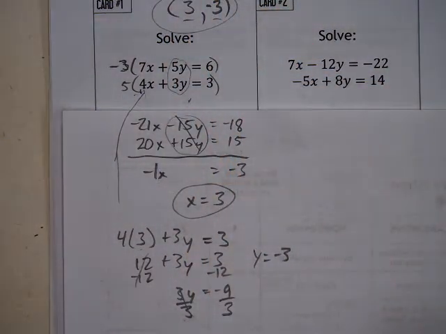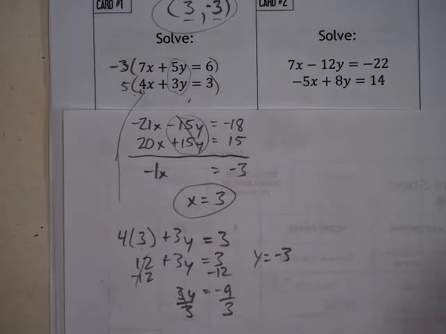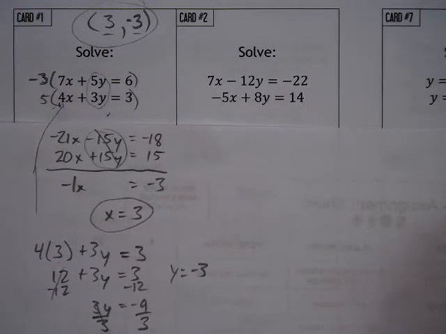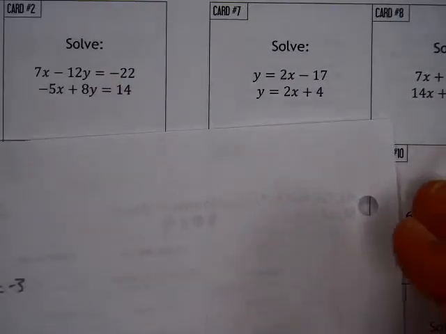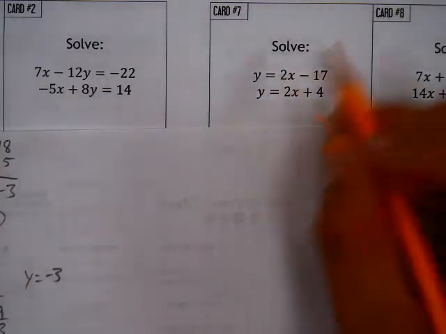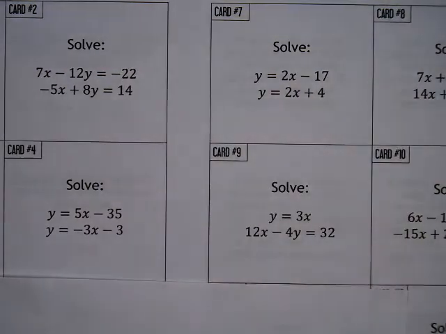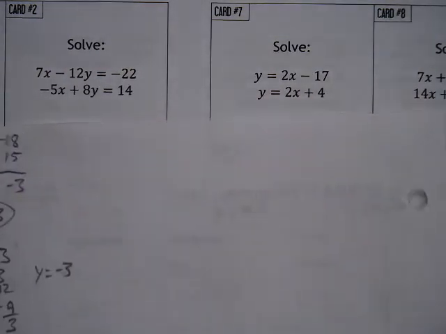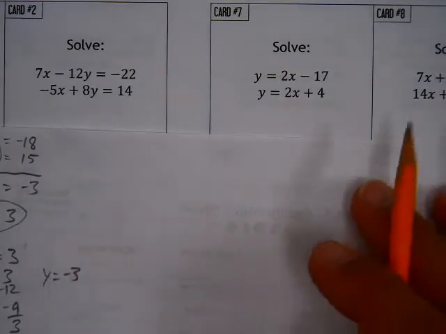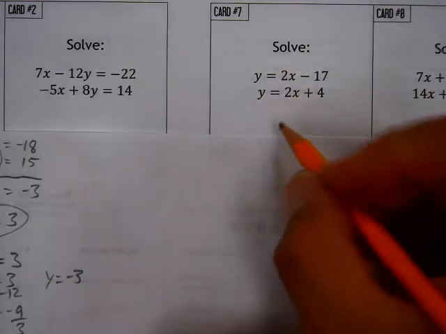Anytime you're told to solve a system, that's kind of what you're looking at. Now we move over to number 7, and we have another situation. Elimination would work, but if you've got a y equals, and you have something you could plug into another equation, you can substitute.